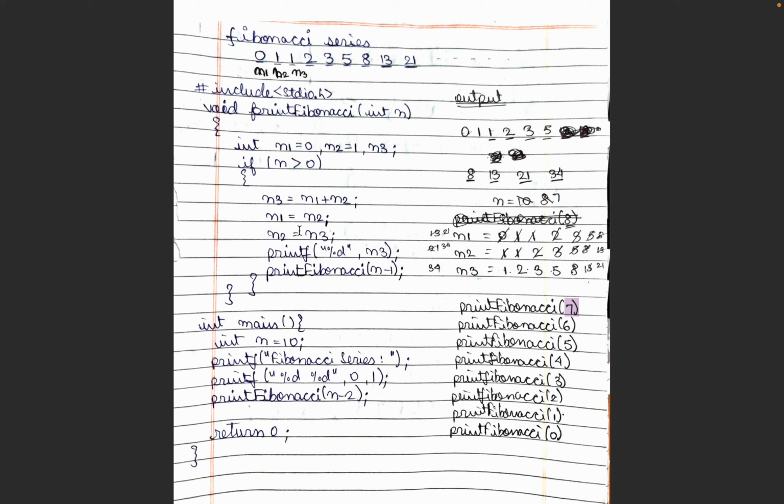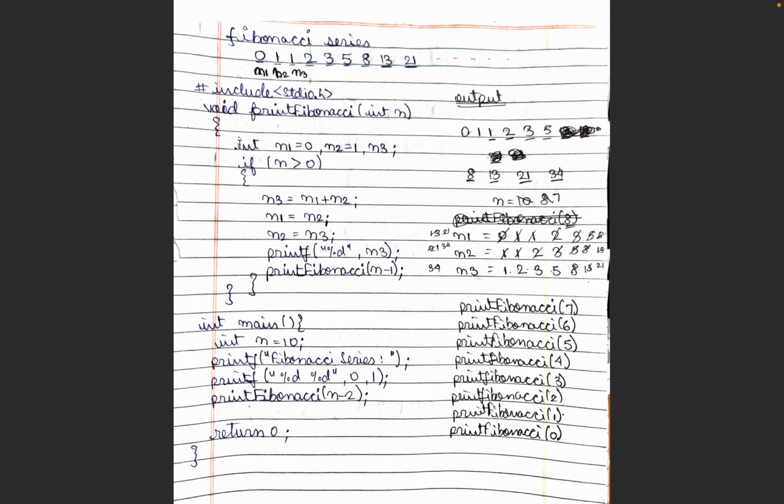One mistake is there. See, if 7 will be called, then again this number will go inside, and again n1 and n2 will be initialized with 0 and 1, and again n3 will be initialized with a null value. So this should not occur again and again. I want this to be executed just once.